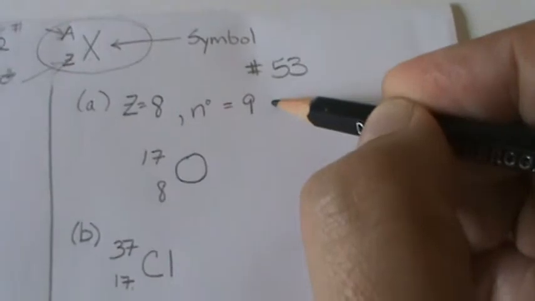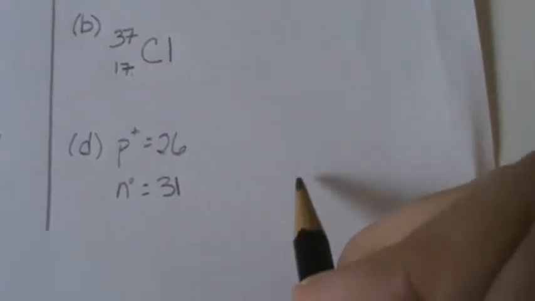Okay, all right, now let's take a look at maybe, we'll do D, just to mix things up a little bit. Okay, and D says number of protons is 26, and number of neutrons is 31. Okay, so this is actually the same one as A. It's giving us the same information.